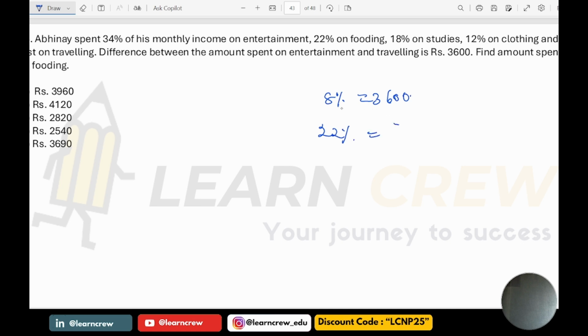22 percentage. Am I correct? The difference between amount spent on entertainment and traveling, sorry, it is not 8, it is 20 percentage, which is 34% minus 14 percentage.